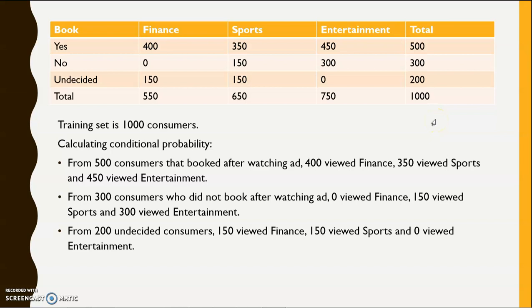Here we can see out of 500 people who booked the hotel, 400 of them viewed finance, 350 viewed sports, and 450 viewed entertainment. These are overlapping people, not a division or portion, but overlapping of the same group of people, which is from these 500 people.